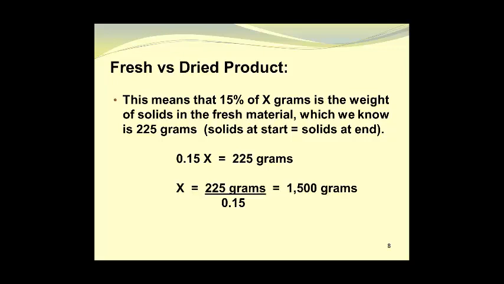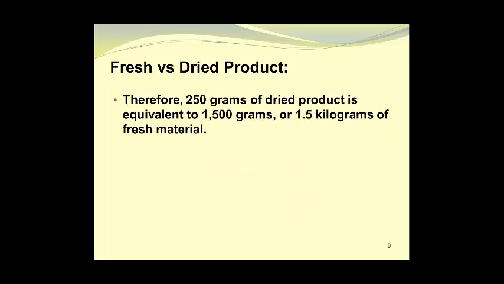This allows us to solve for X by dividing 225 grams by 0.15, and we get 1,500 grams, which is actually equal to 1.5 kilograms. Therefore, 250 grams of dried product is equivalent to 1,500 grams or 1.5 kilograms of fresh material.